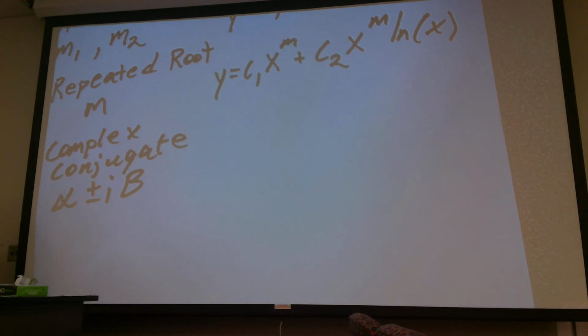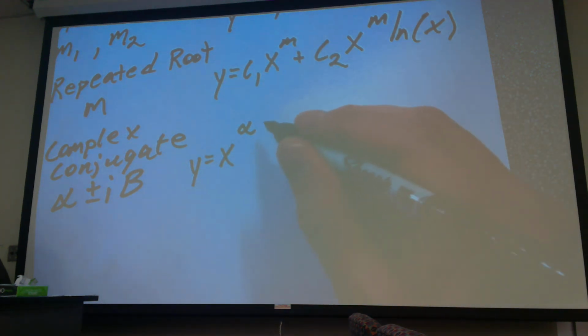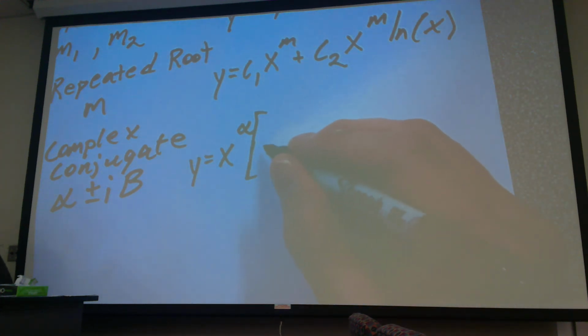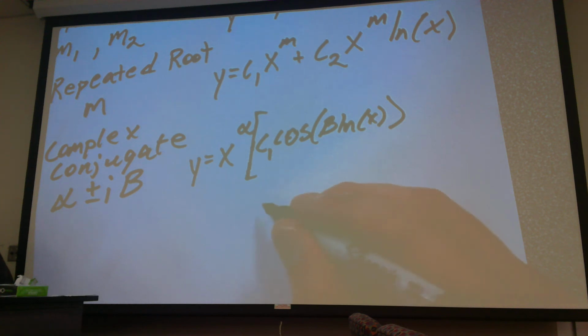All right? So now for the complex conjugate, y is going to equal x to the alpha, close that off, times c1 cosine of beta times the natural log of x. I'm going to run out of room, so I'm just going to include it right here.